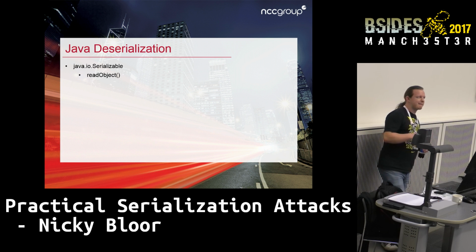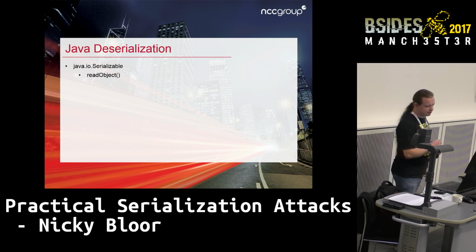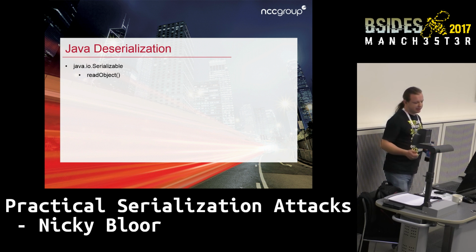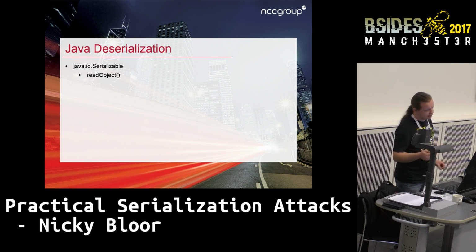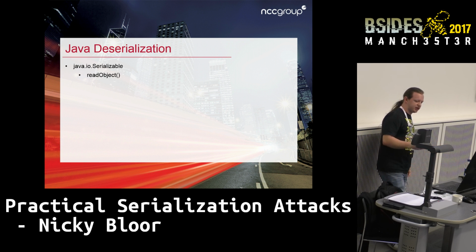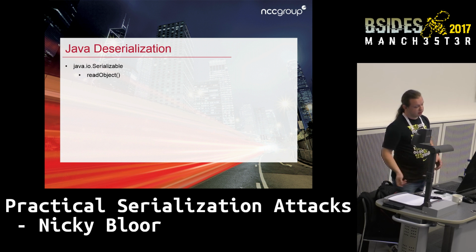If we make a class serializable by implementing the Serializable interface, we can provide a readObject method, and that can be used in place of Java's default readObject, or it can be used alongside it.